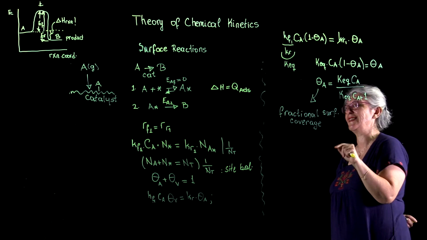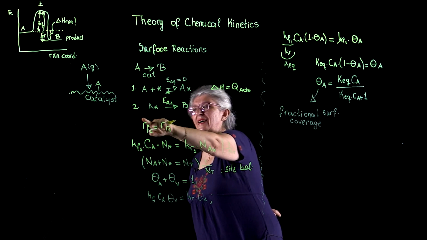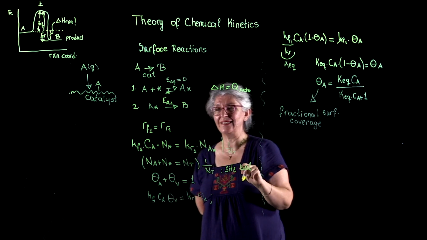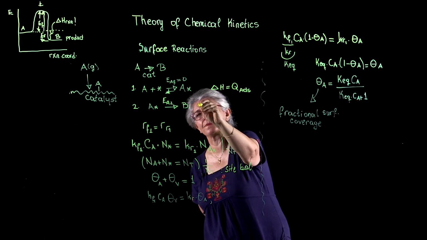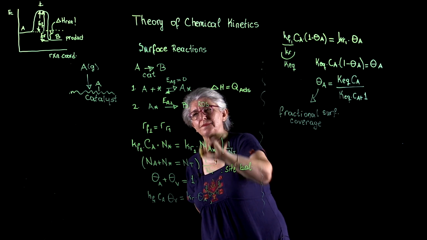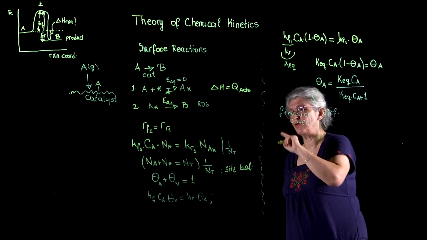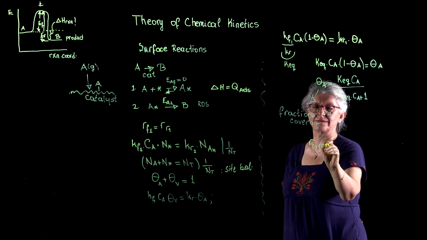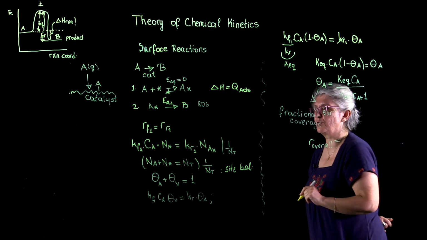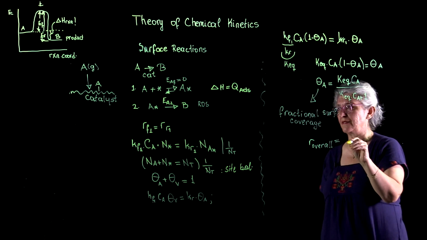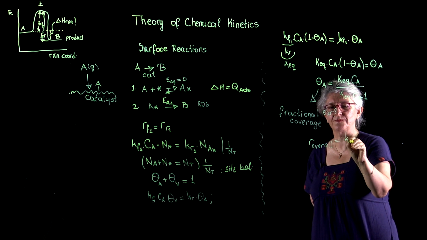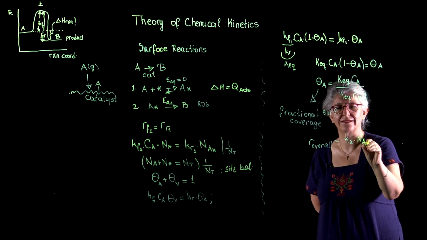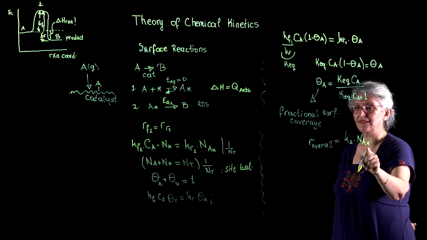Now, what am I going to do with this theta A? My second step is irreversible, and it is what we call the rate determining step. So the overall rate of this reaction is equal to the rate of the second reaction, k2 times N_A star. What is N_A star?